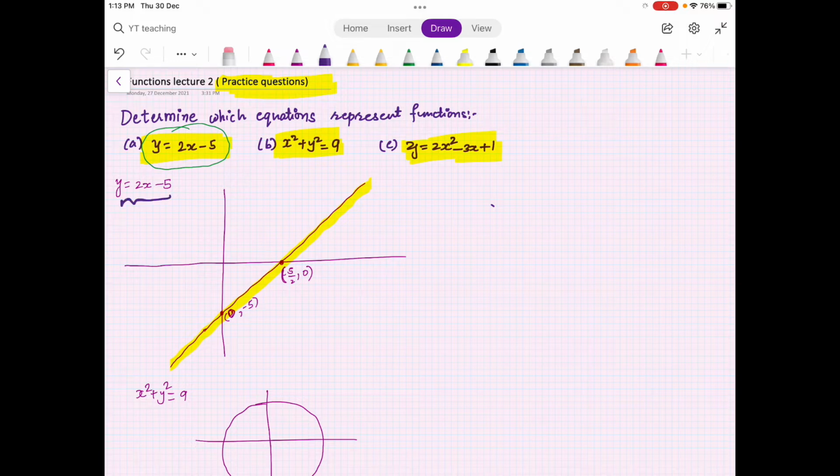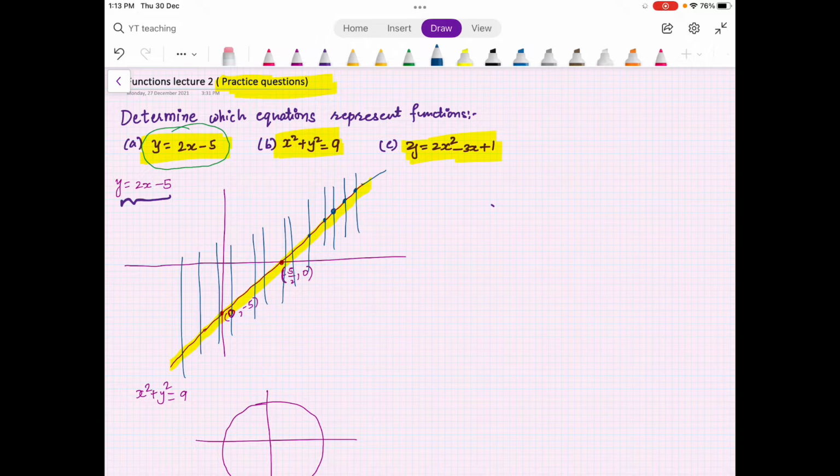To test whether a given relation is a function, we can use the vertical line test. Here I can keep drawing vertical lines, and every vertical line intersects the given graph at only one point. Can you see that?